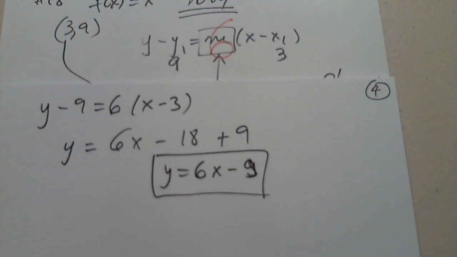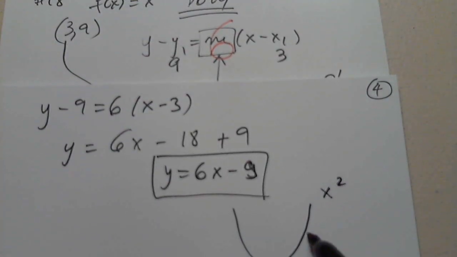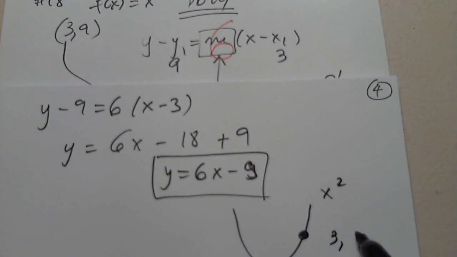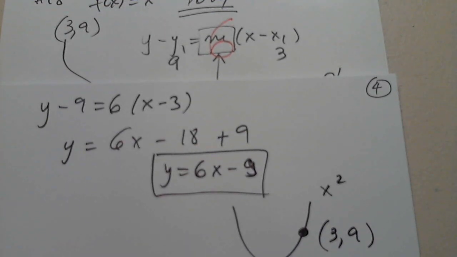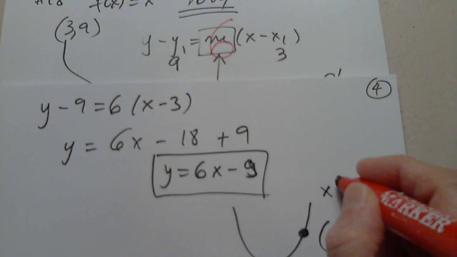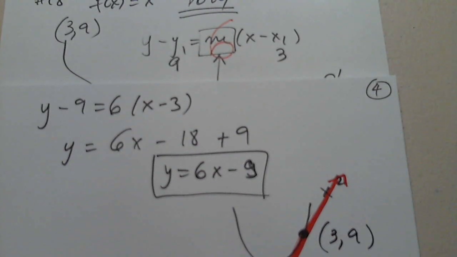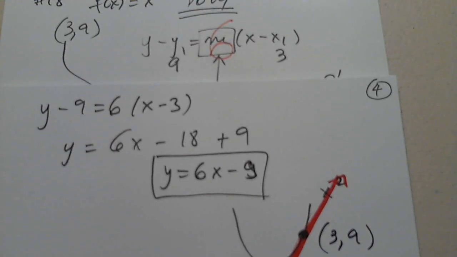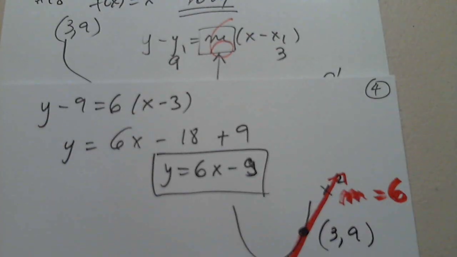What does this mean again? It means that if this is the graph of x squared, and let's suppose this is the point (3, 9), the equation of the tangent line at that point is y equals 6x minus 9, and the slope of the line is 6.